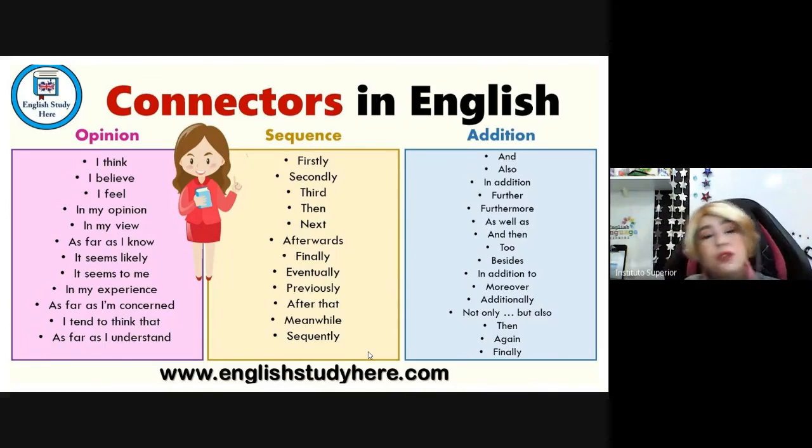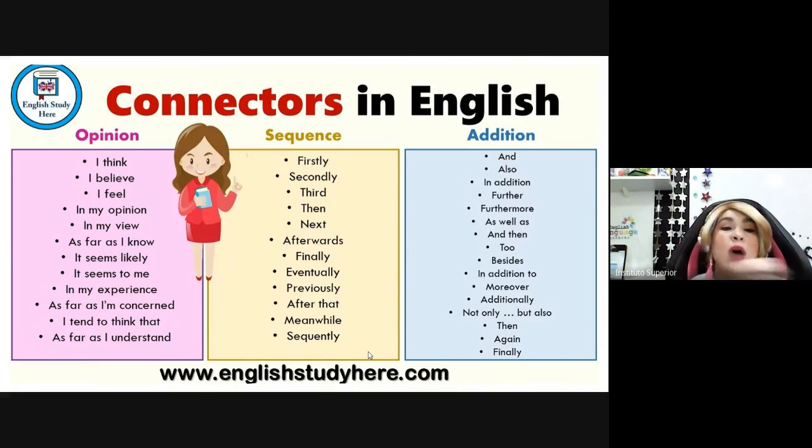For example, if you are writing a sequence, like a recipe or giving instructions, you say first, secondly, third, then, next, afterwards, finally, eventually, previously, after that, meanwhile, subsequently.